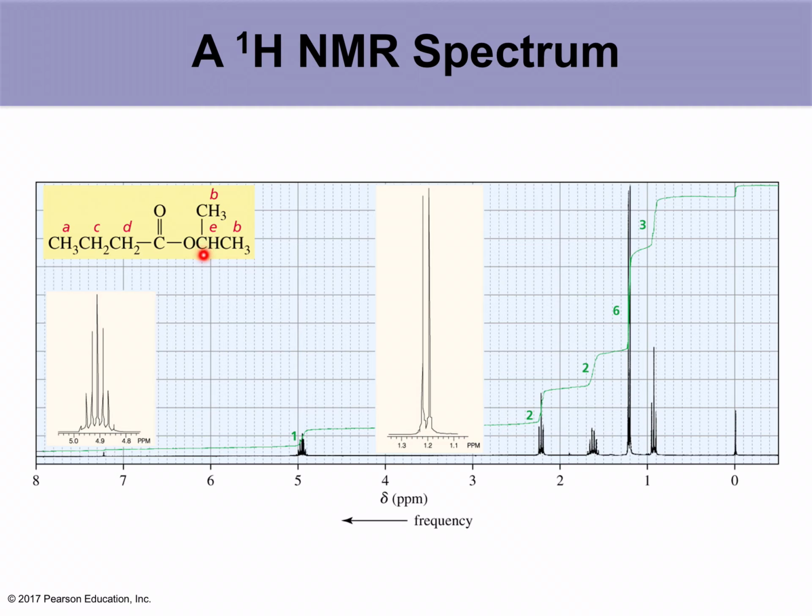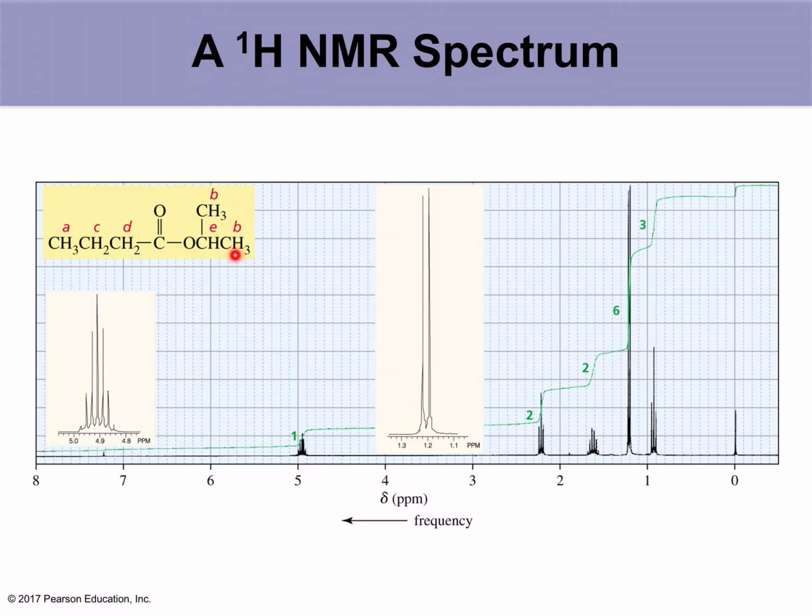And then you have A, B, C, D, E. So this hydrogen, E hydrogen, would be the most deshielded one because it's directly attached to an electron withdrawing oxygen. So E here will be split into 7 peaks because there are 3 plus 3, 6.